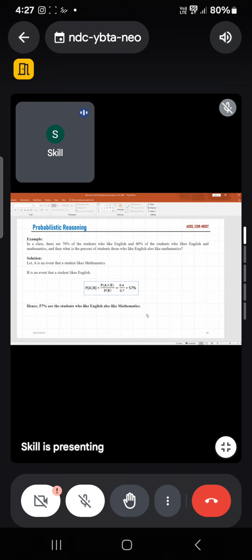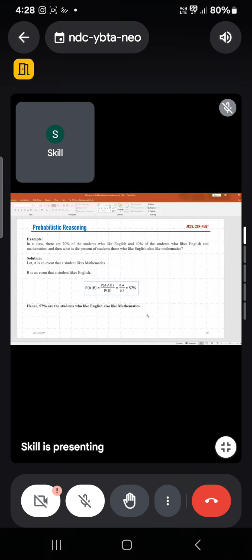Then P(A|B), what we are going to calculate, is the percentage of students who like English and also like mathematics. Here we are just taking the values. P(A and B) is 0.4, 40%, which is already mentioned in the problem, as students who like English and mathematics is 40%.